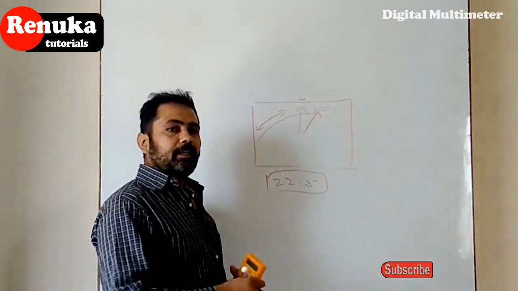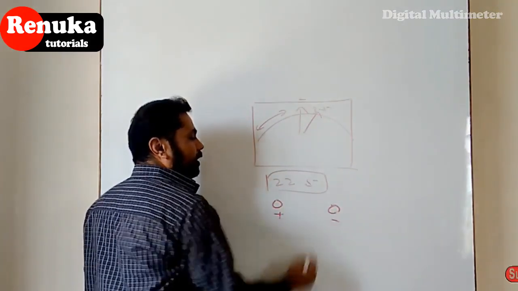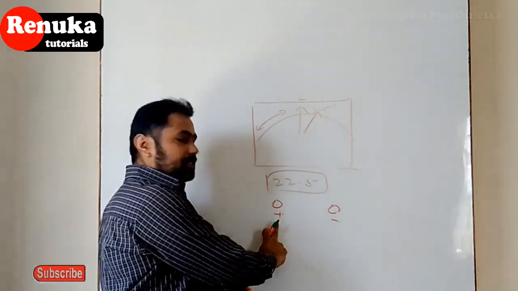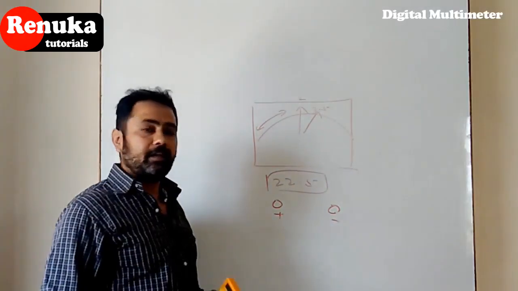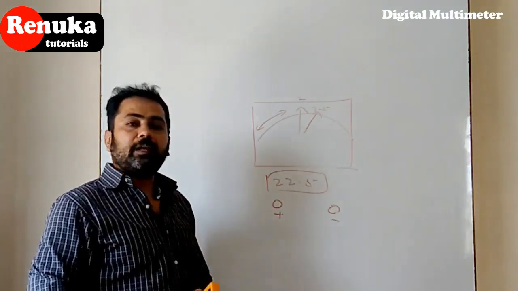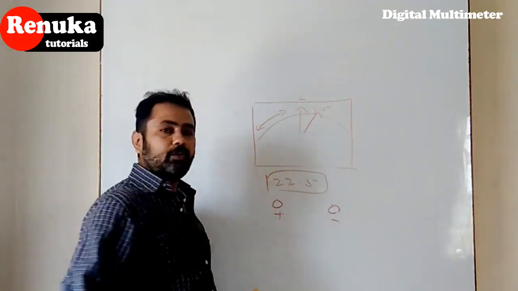In an analog multimeter, where the input quantity is to be inputted, two points of contact are shown here. One is denoted by a plus sign and another by a negative sign. Here, to connect any analog meter, we have to bother about the polarity. So positive should be connected to positive, negative should be connected to negative.